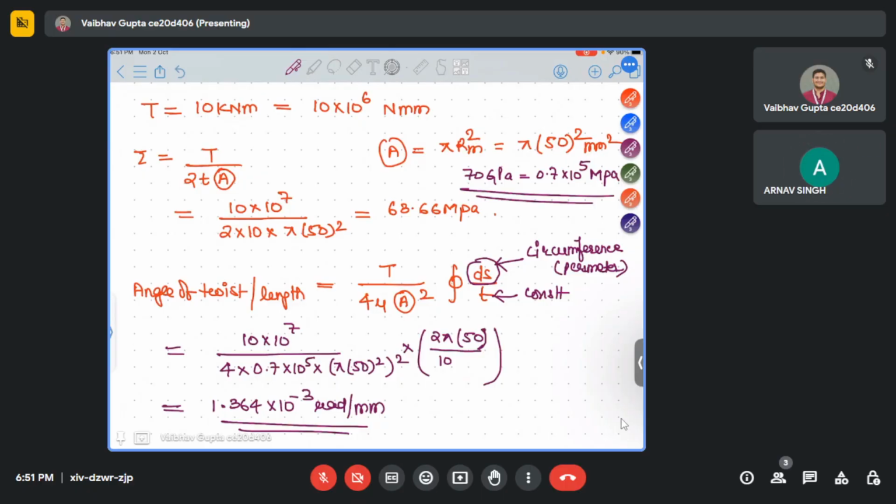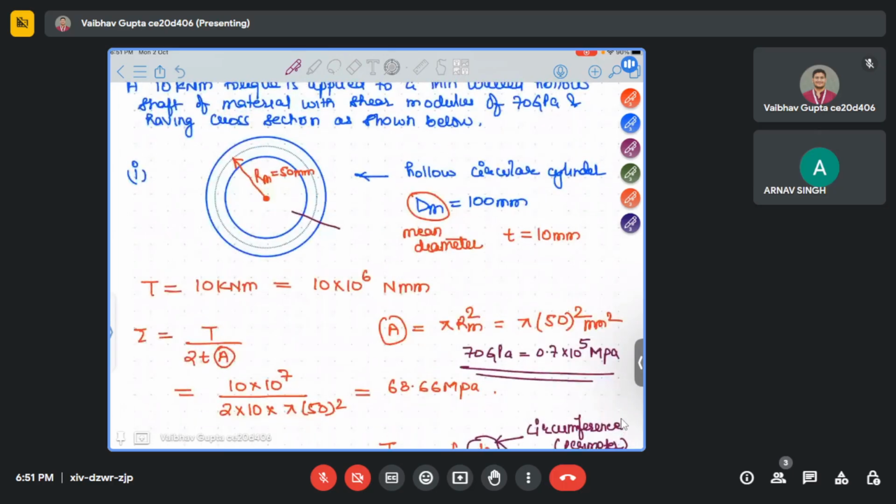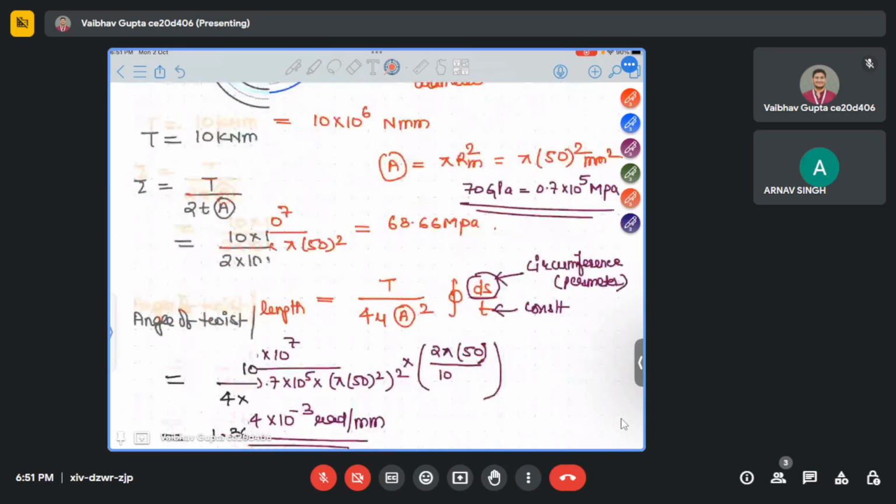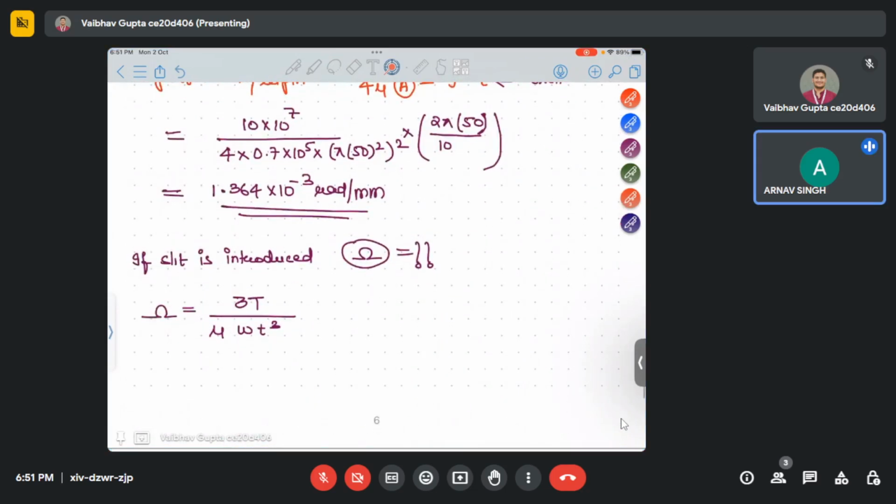Now suppose in the question they say a slit is introduced. I have cut this section here. So if a slit is introduced, what is the angle of twist per unit length?